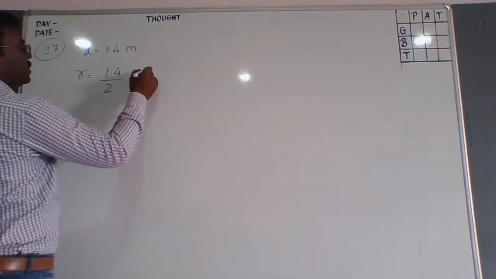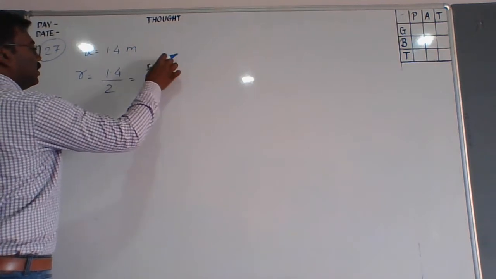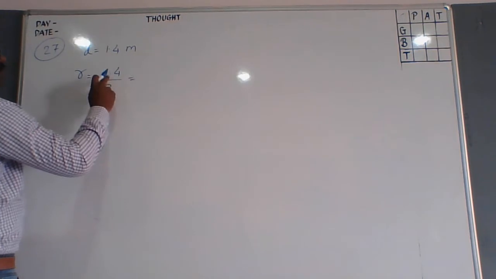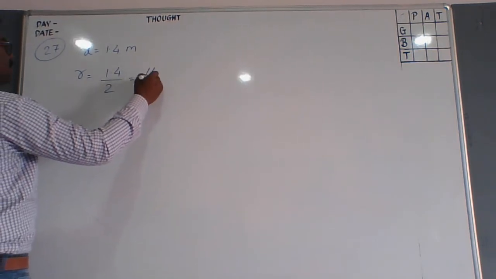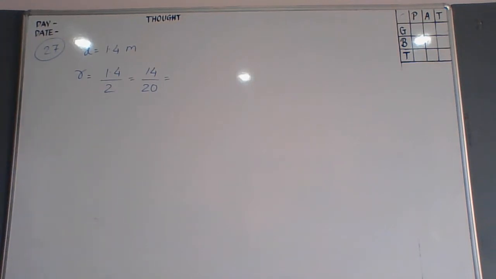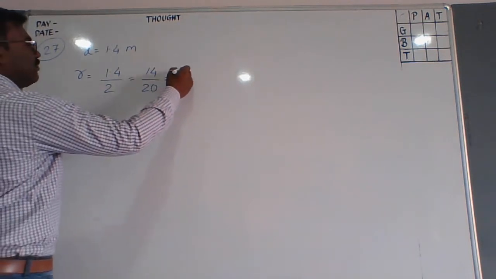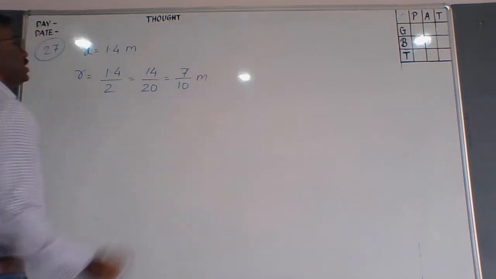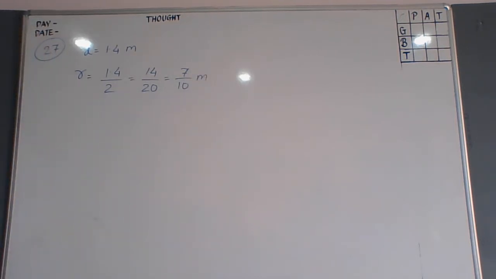To remove this decimal, add 0 in the denominator. So it becomes 7 upon 10 meter, that is the radius.